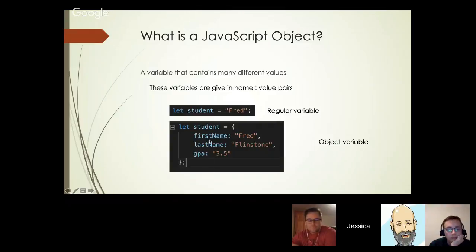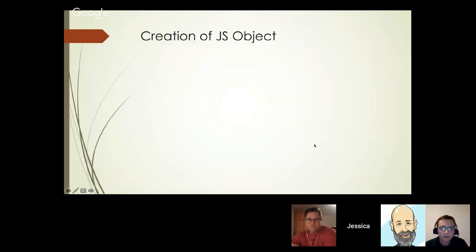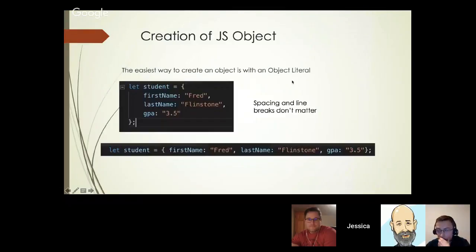We've got the first name with the value, the last name with the value, and the GPA with the value. To create one, you use this object literal, which is what I just showed, but the spacing and line breaks don't matter. You could do either one and it would show up just the same.